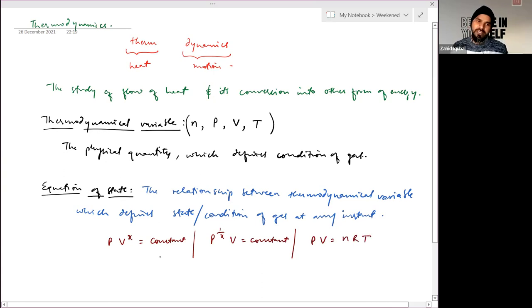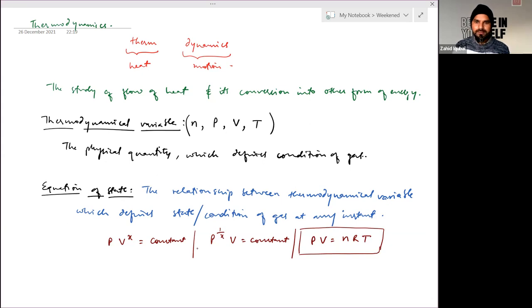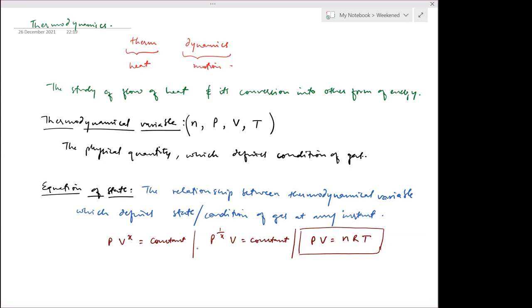On the basis of different conditions, the value of x for these two expressions may change. I will define it in various processes. And this is the ideal gas equation, which is defined for a particular condition related to these two different parts. Fawaz, any doubt? No, sir. Okay, first write it down till this part.